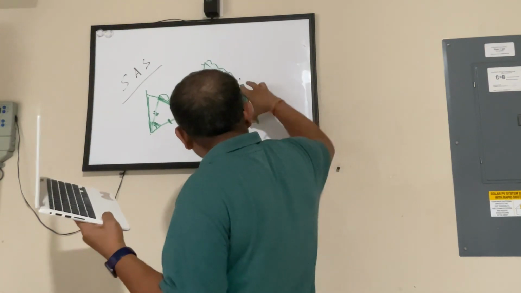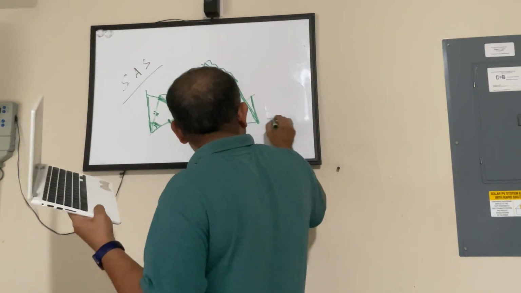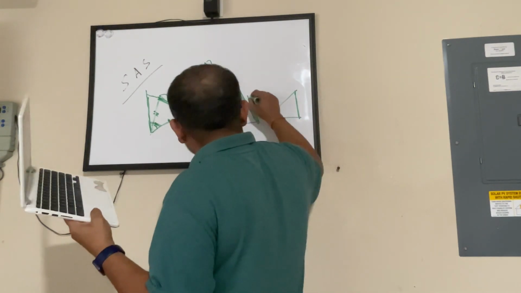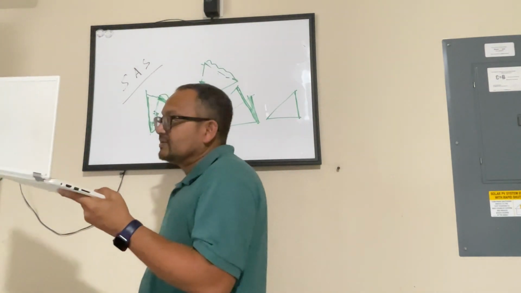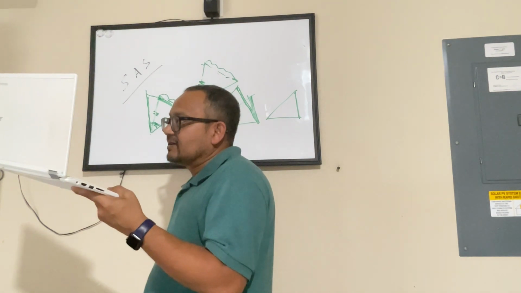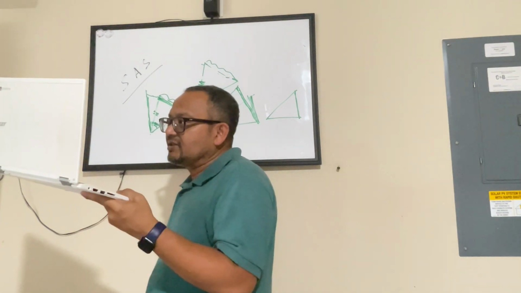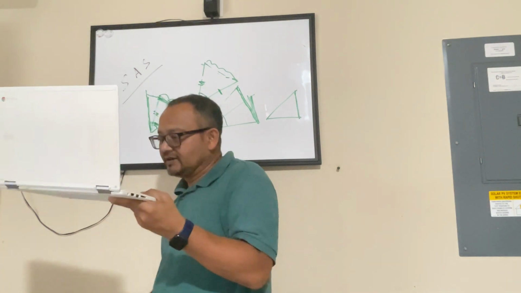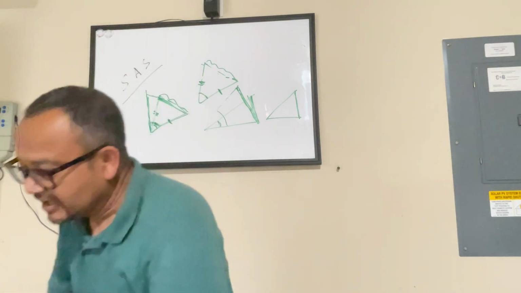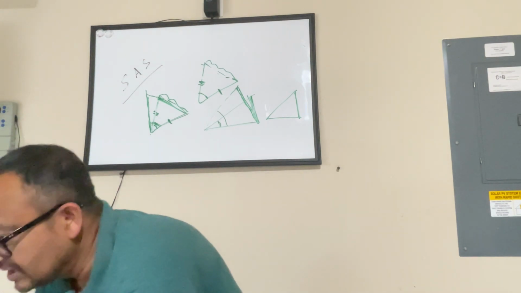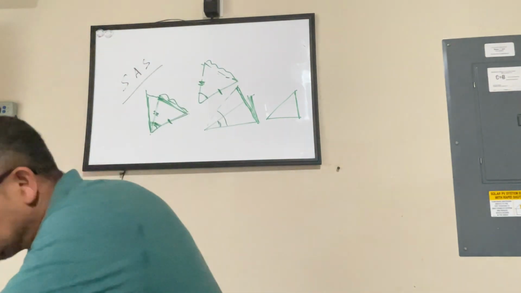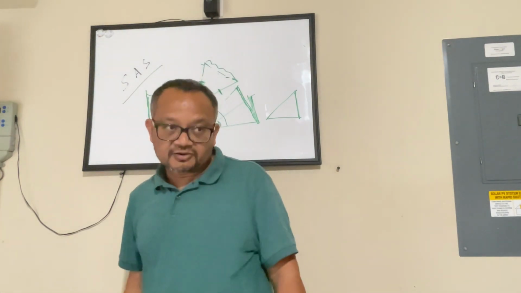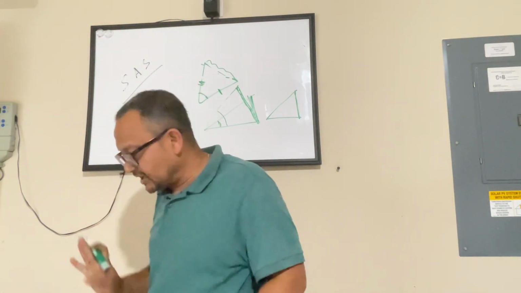Here, since the angle is the same and the line is also the same, by no means will this side and this side be different. Praneeth, is that making sense? Yeah. Okay. So if we have two sides and the angle between them matching, then the two triangles are congruent.